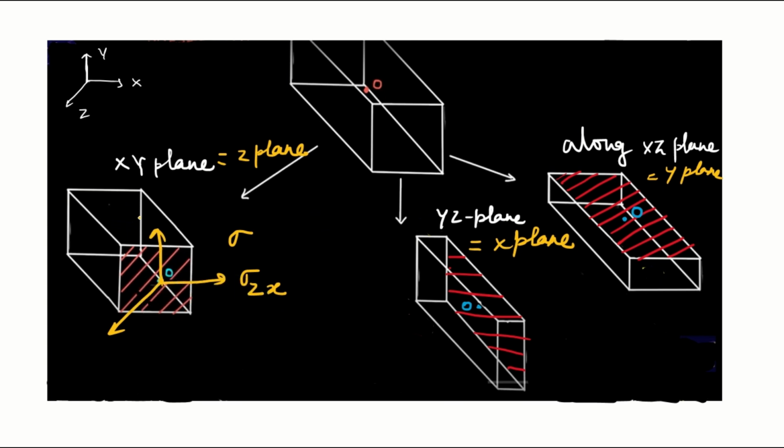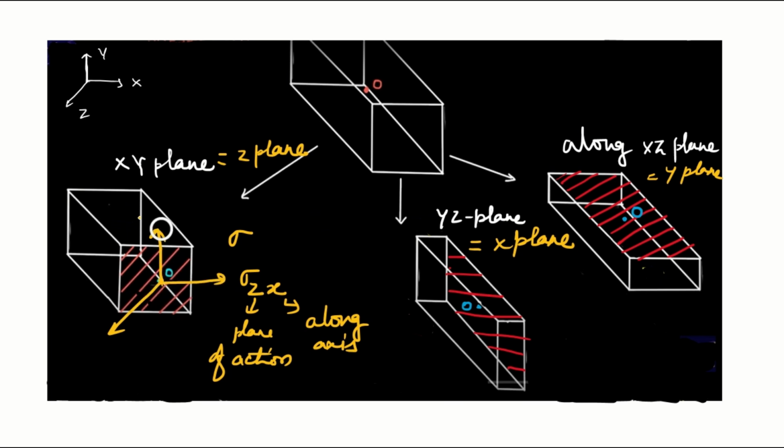So the first subscript tells you about the cross sectional area, the plane of action, and the second subscript tells you along which axis the force or the stress is directed.